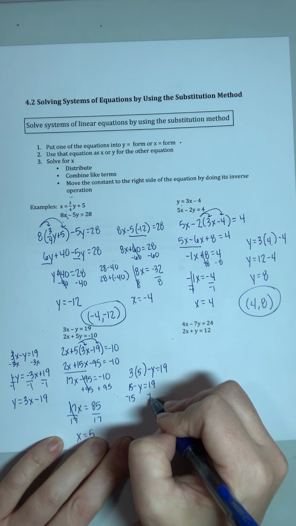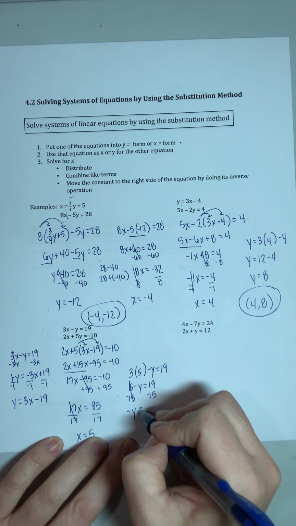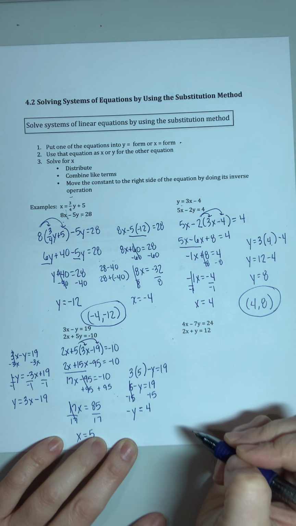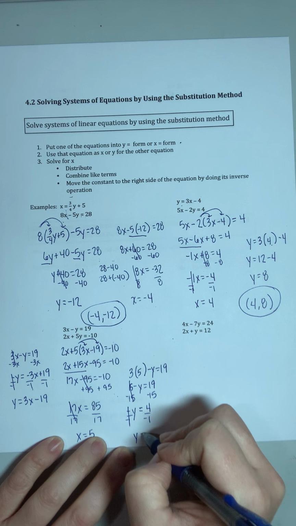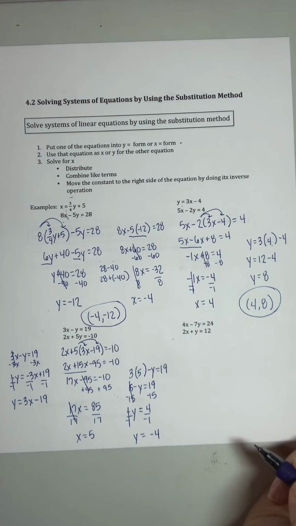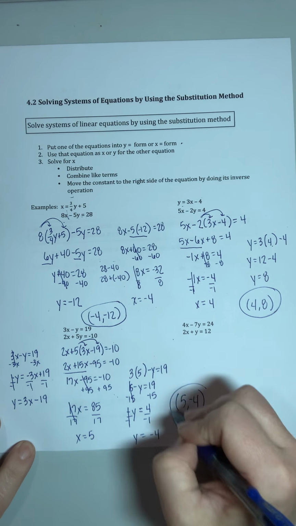Get rid of the 15. So I have negative y equals 4. But I can't have a negative, so I'm going to divide by negative 1. So I have a negative 4. So my final answer is 5, negative 4.